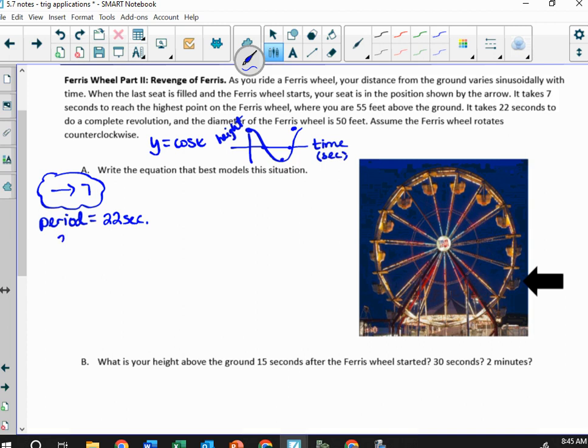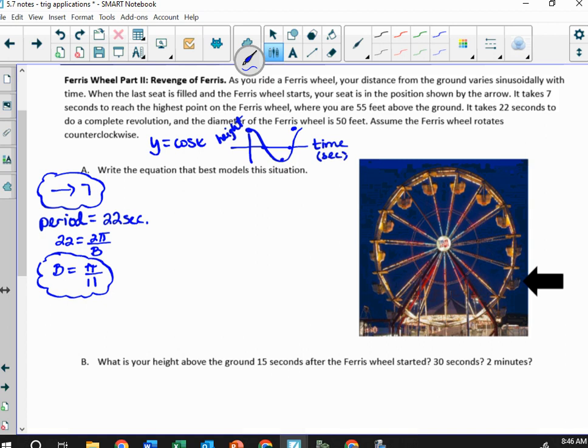Yes. And then when I solve for b, what do I have? Pi over 11, right? All right, so that's the next key piece.